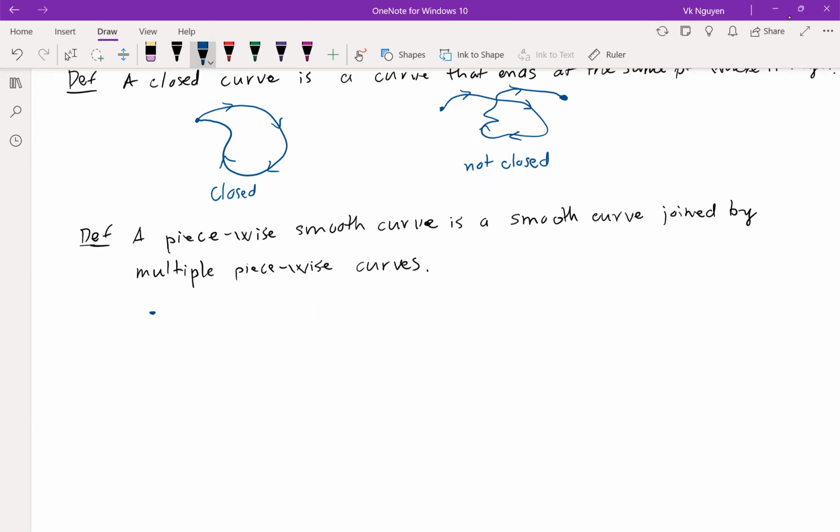See, just do two of them. See, there's two of them, C1, C2.